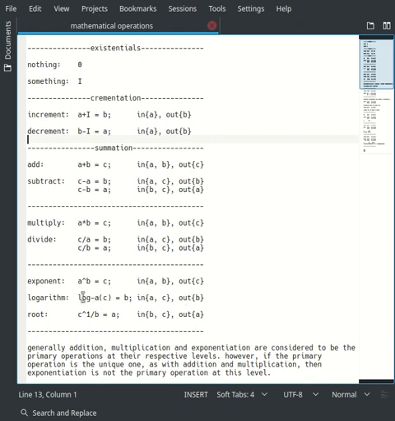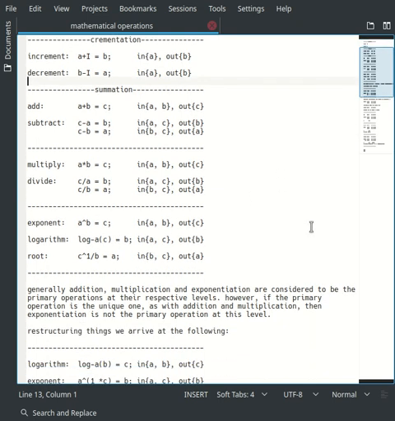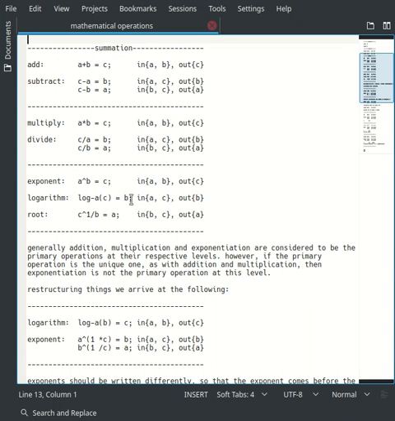So this is, I'm trying to notate it, log base A of C. It's very hard to notate when you can't do subscripts, but anyway, just plain text, log base A of C is B, right? So put in A and C, we get out B.